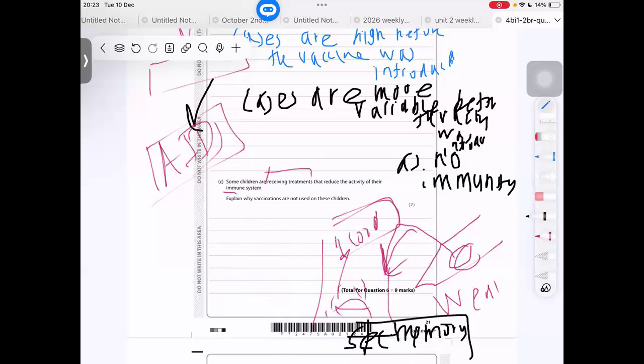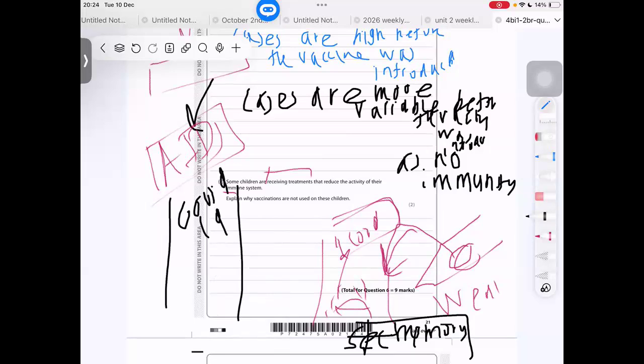But if you vaccinate children who have a very low, weakened immunity, the weakened COVID-19 pathogen, even though it doesn't do much harm to us, can do harm to these children.